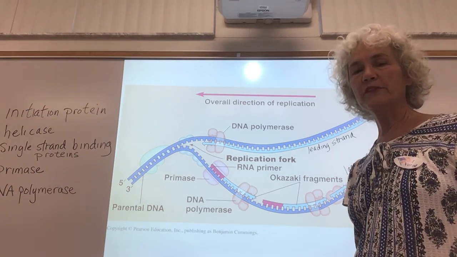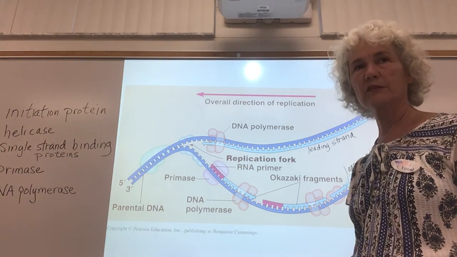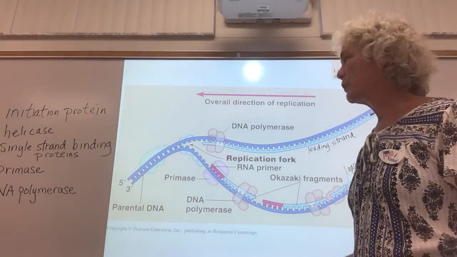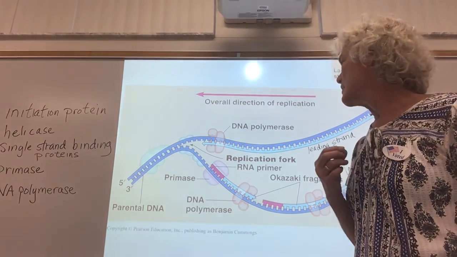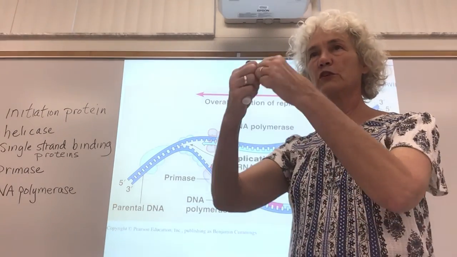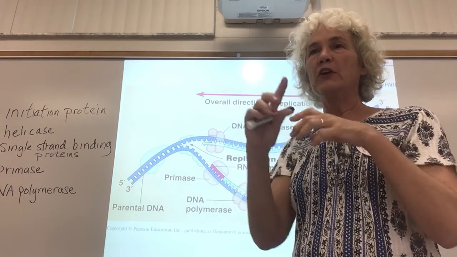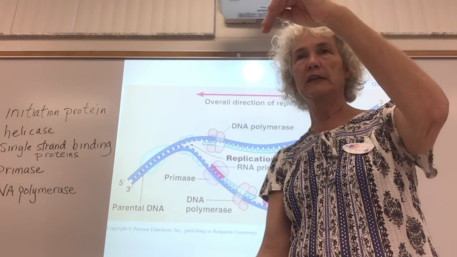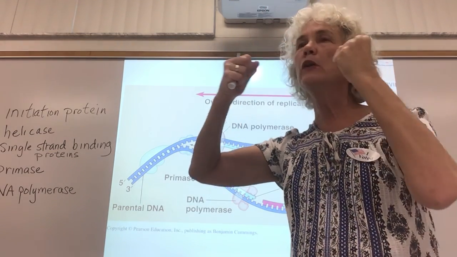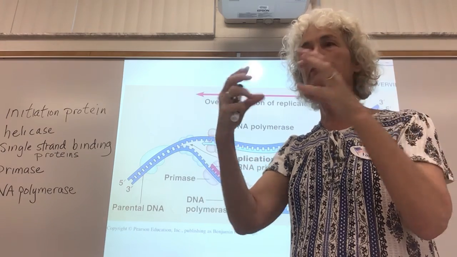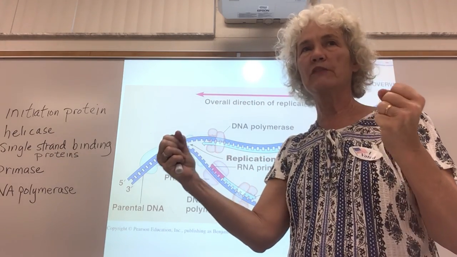All right, now a couple of other interesting things. If I were to pull a piece of rope and it was wound up, you know how rope is wound like this. So that's basically like a helix. If I were to just start pulling it apart, what happens is that it will start bunching up and it won't come apart very easily.